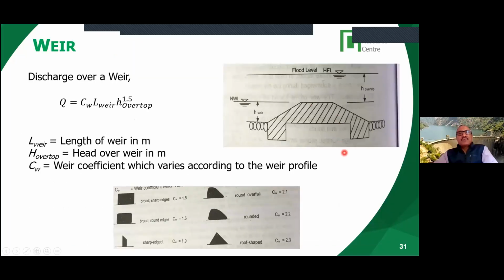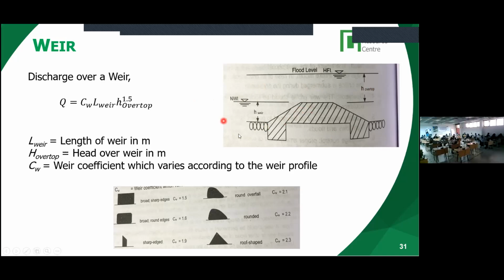Like I said, the weir has to be designed in a way that the flood passes over the weir without causing any overflow of the overbanks. So the main purpose of this weir design is to find what will be the overtop height.